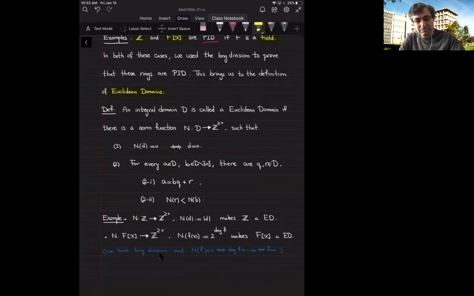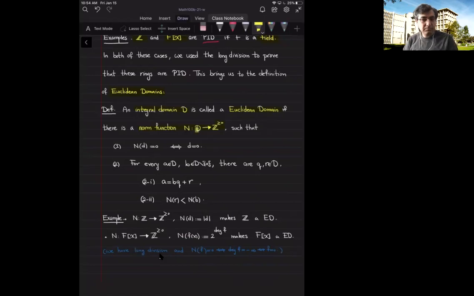We want to get something smaller. That means I need a kind of norm function on this integral domain in order to be able to compare elements. So I have an integral domain D. An integral domain D is called a Euclidean domain if we have a norm function with the following properties.